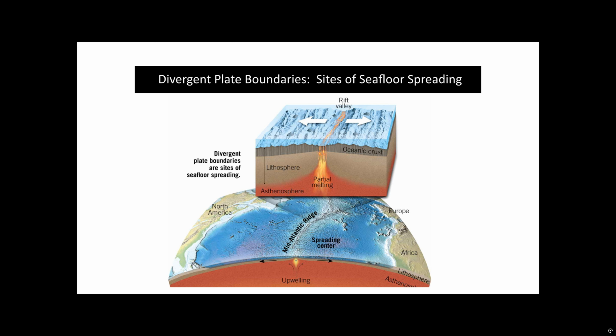So you have two plates moving apart from one another. So, for example, the African plate and the North American plate, with a Rift Valley in the middle where the plates are thinning and pulling apart, and where magma wells up from the asthenosphere through the lithosphere and breaks through to the surface, creating new crust.